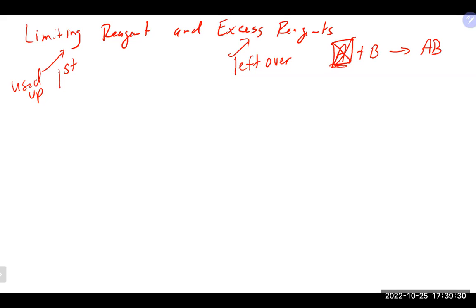So when we do limiting reagent problems, it's always important to figure out which one is the limiting reagent. And you could really do it several different ways that we talked about.